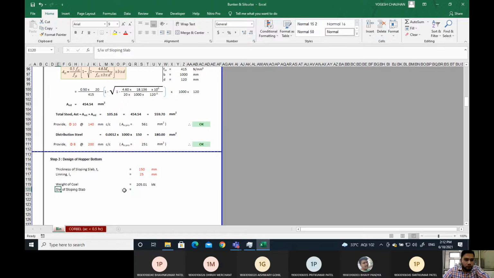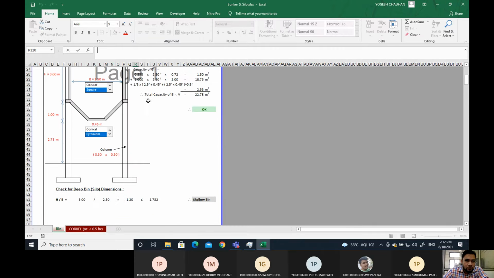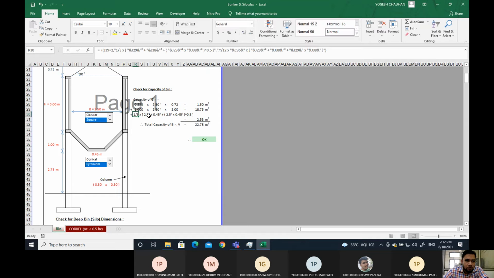So here you can also use concatenate command, because it will be different for both the cases. See here I have used this command.